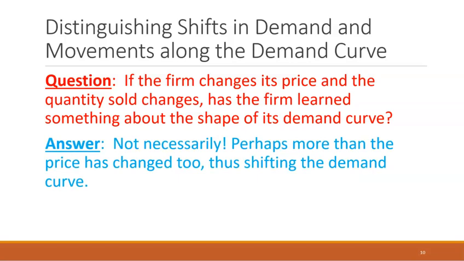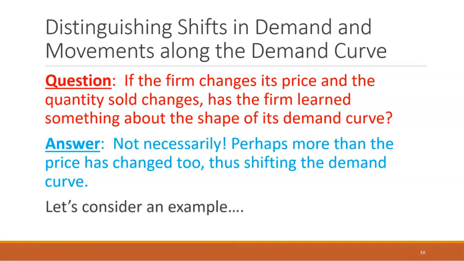Maybe one of those things that I've been mentioning has also changed. One of those things that was lying in the background has caused the demand curve to move. And so if the demand curve shifts, then what we'd be looking at are in fact two price and quantity combinations that are actually on different demand curves.